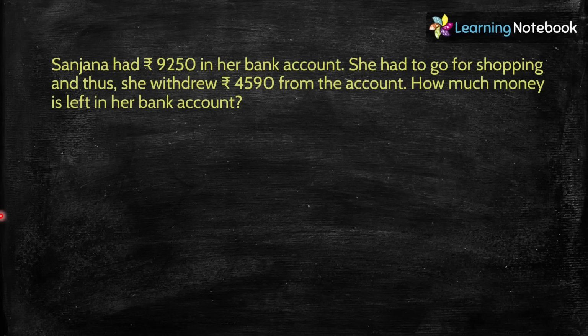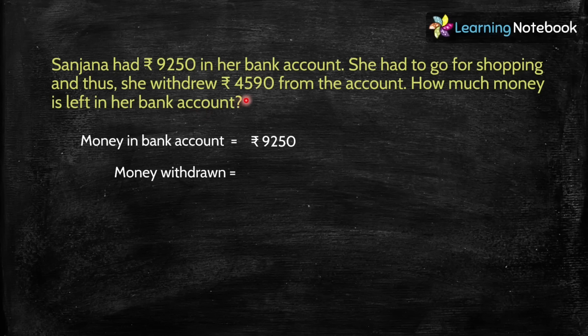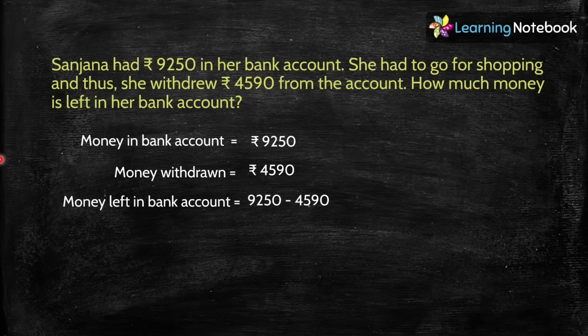Let's first write the statements. Money in the bank account of Sanjana equals 9250 rupees and money withdrawn from the account equals 4590.